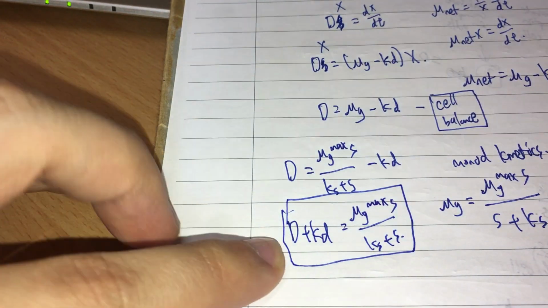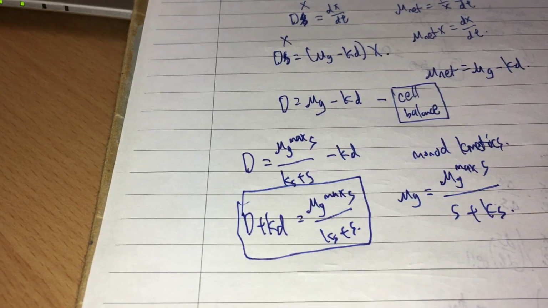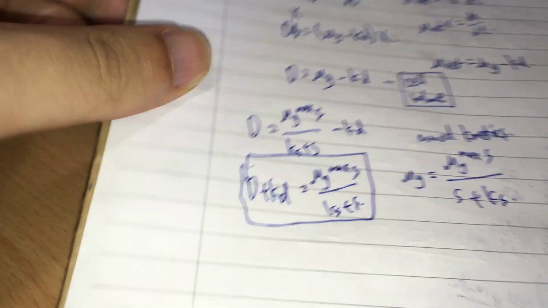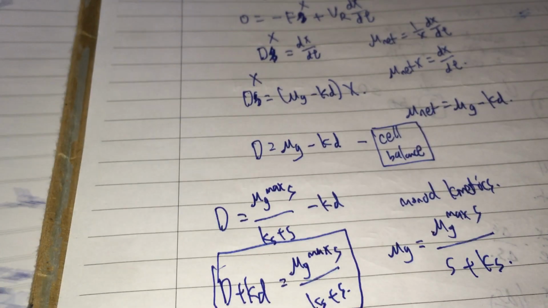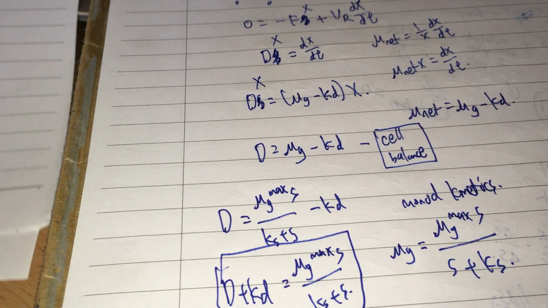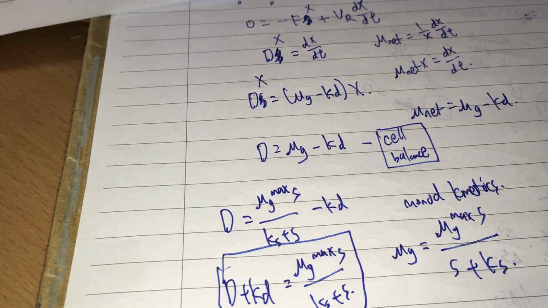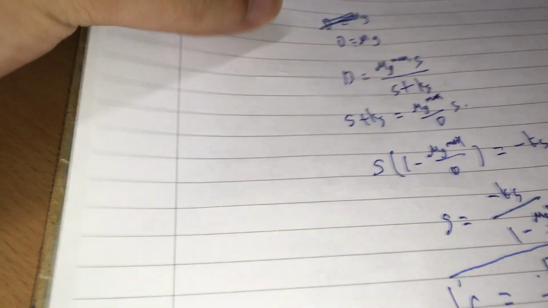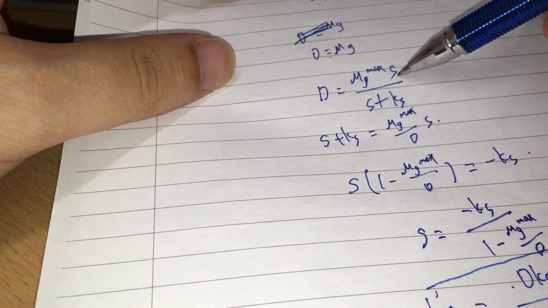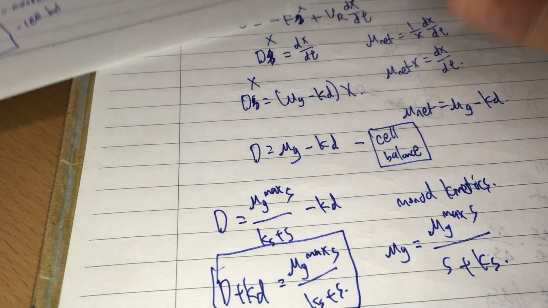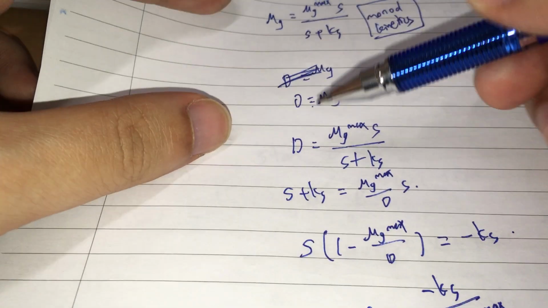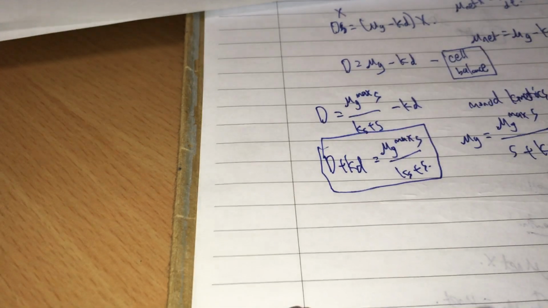And this looks awfully familiar to something we got in our last video, where we actually saw that when we have D equals mu g max s over s plus ks, so that's ignoring the death rate. You see, yeah?